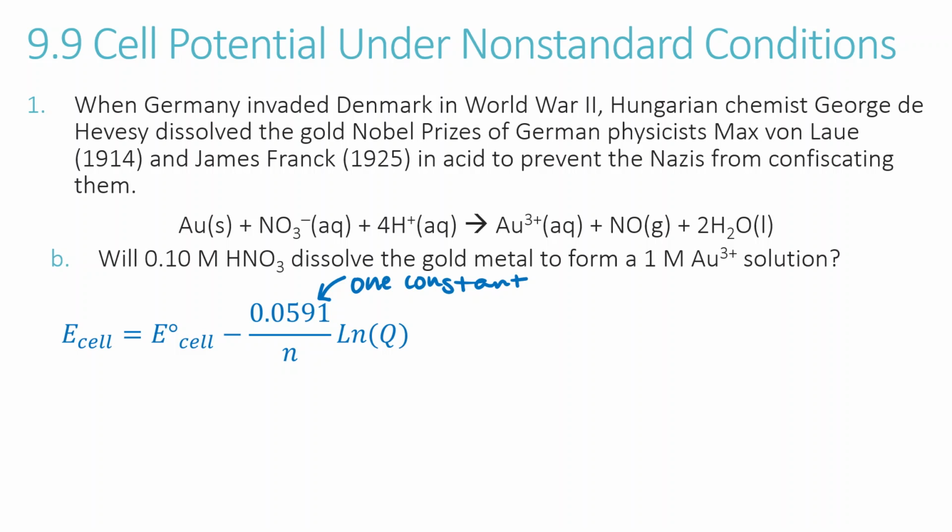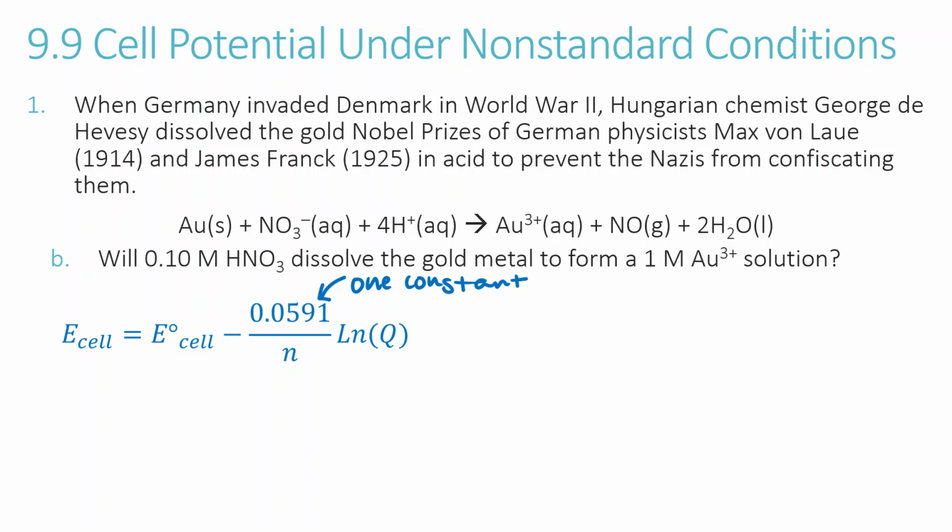E naught cell is going to be my standard conditions, which we just solved for in the previous problem. n here is going to be my number of moles of electrons. We're going from gold 0 to gold +3, and we already looked at our half reactions, and they both had 3 electrons. So n is going to be equal to 3.